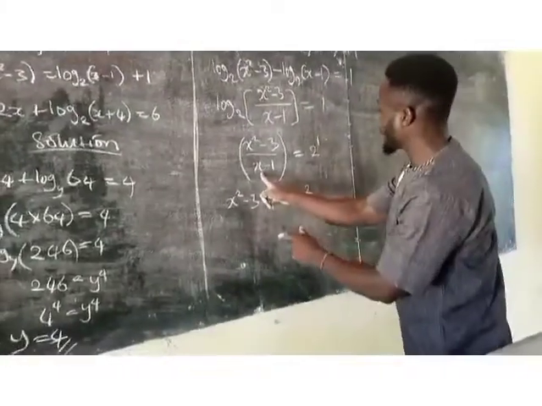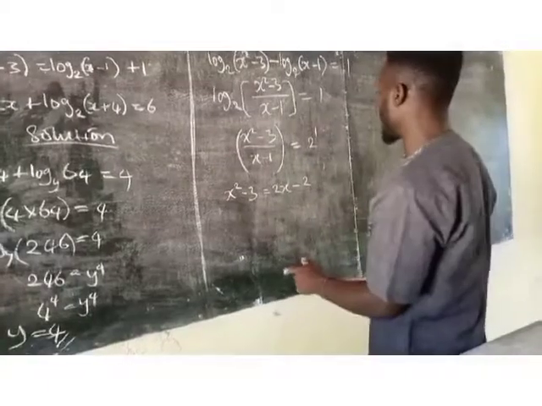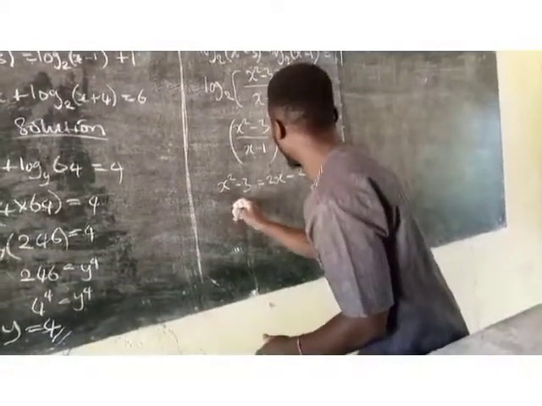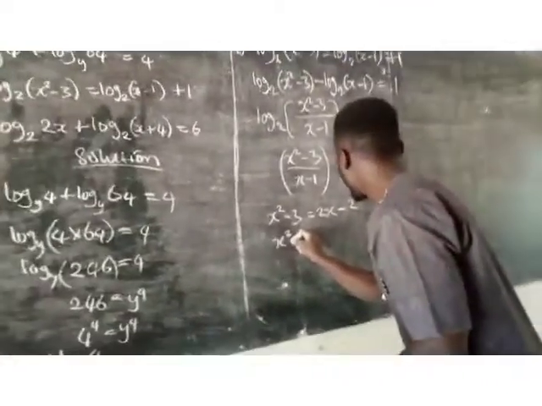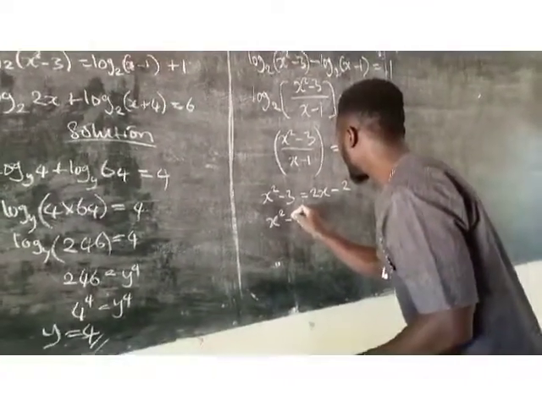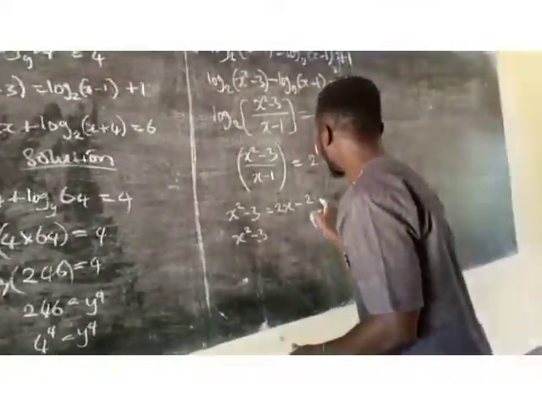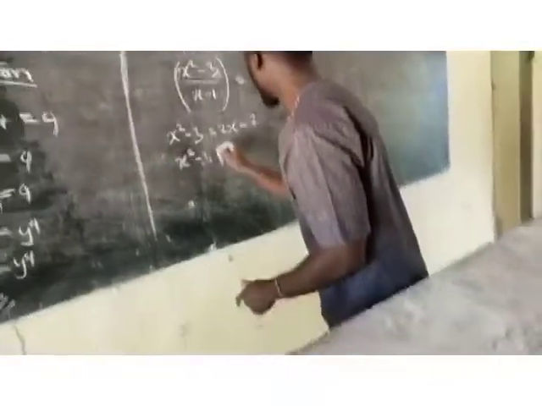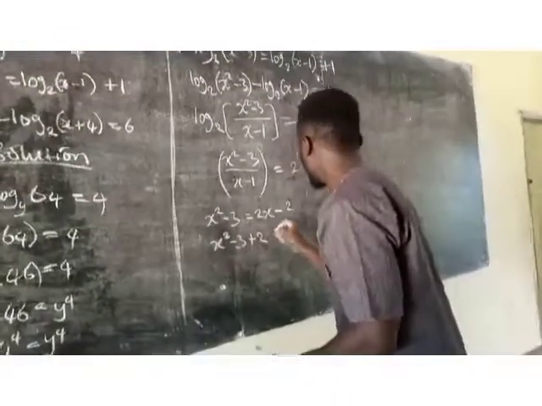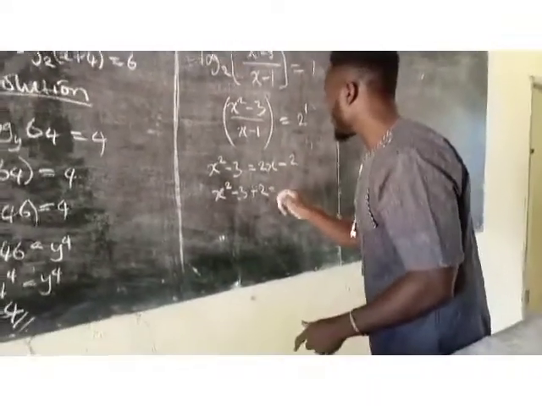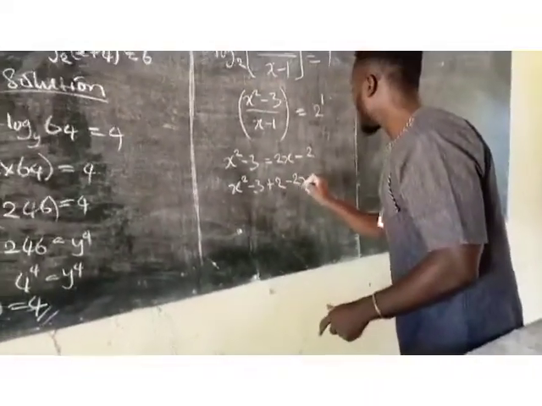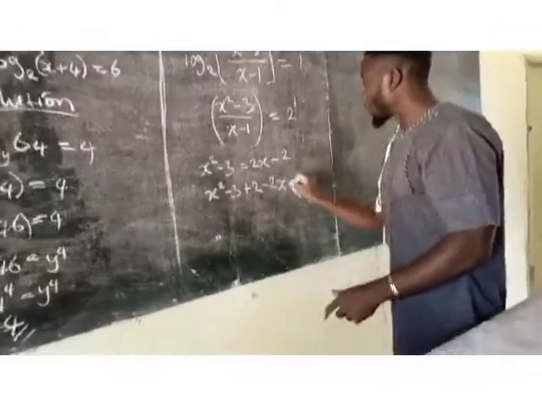Then multiply this one by this. So we have something like this. This is the same thing as x squared minus 3. When you take this side, plus this one, we change to plus. And with this one it becomes minus x, which is equal to 0.